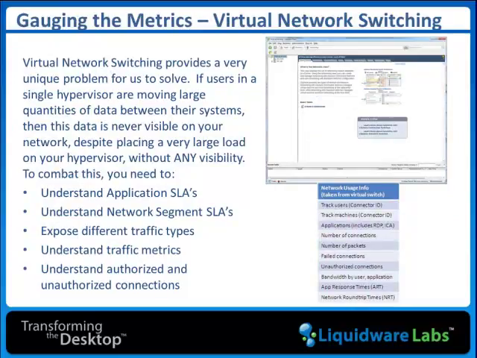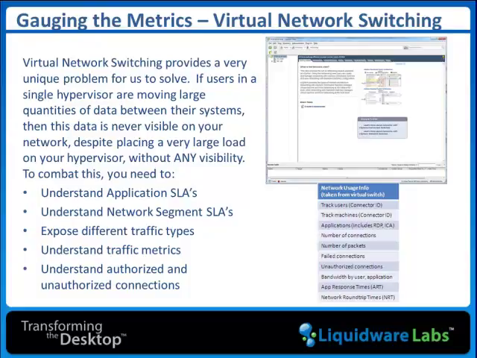Next, we're going to talk about virtual network switching, which is the fourth component of VDI visibility. Now, virtual network switching provides a very unique problem for us to solve. If our users in a single hypervisor are moving large quantities of data between their systems, then this data is never visible to any physical network, despite placing a very large load on your hypervisor without any visibility.